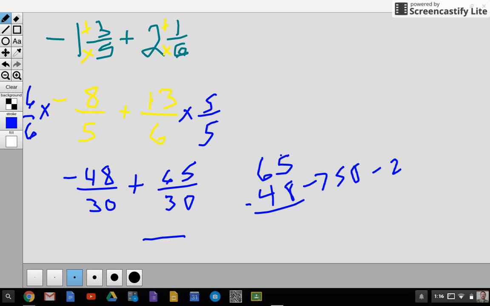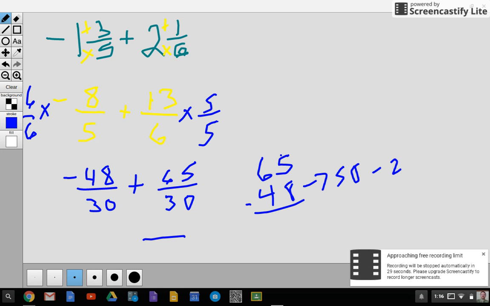So 65 minus 50 is 15, and it's actually going to be 2 more than that. So that would be 17 over 30. So the answer is 17 over 30 because that fraction cannot be simplified anymore. Okay, so that should do it right there.